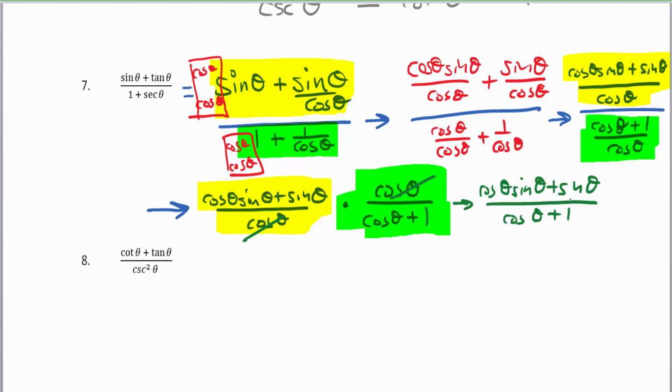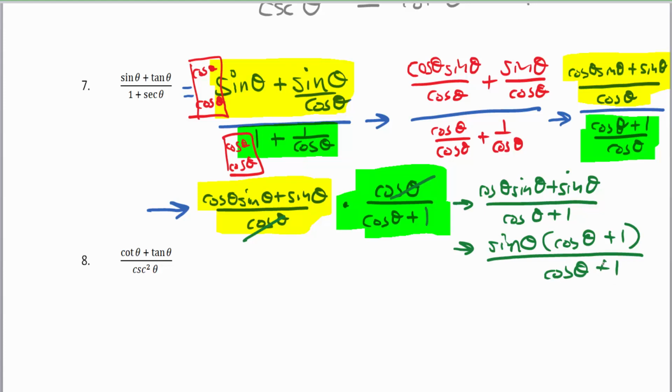Can you see something about the numerator that might help us here? You'll see that the first term is cosine theta sine theta, and the second term is just sine theta. Well, factor out a sine theta in the numerator. So this makes sine theta in the numerator multiplied by a factor of cosine theta plus 1, and then my denominator is now cosine theta plus 1.